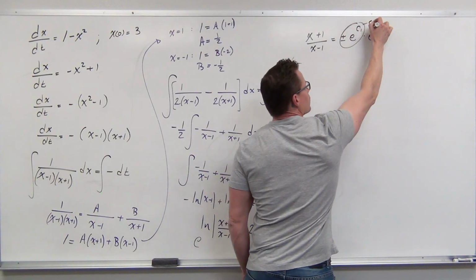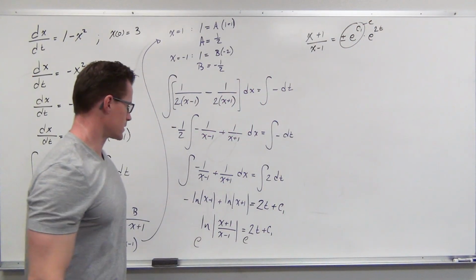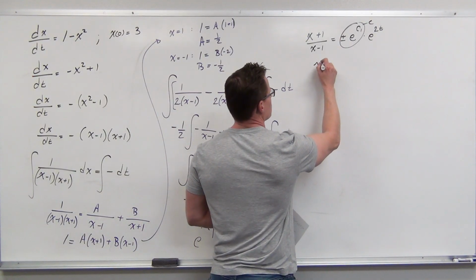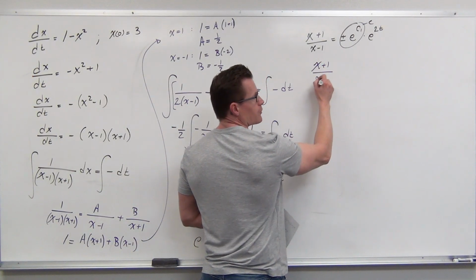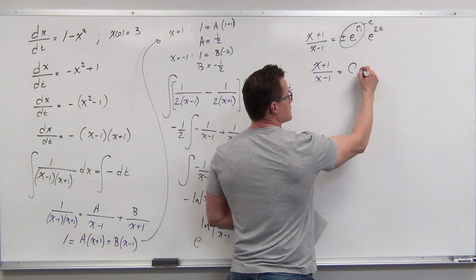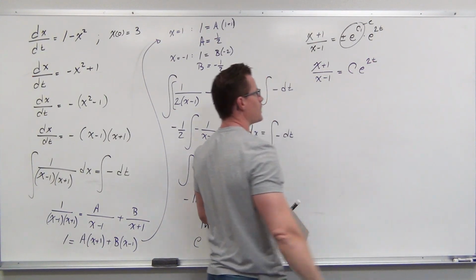And we'll call all of that our arbitrary constant. So x plus 1 over x minus 1 equals arbitrary constant c, e to the 2t.